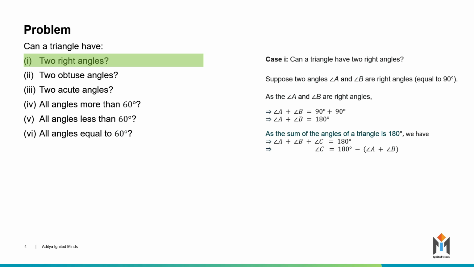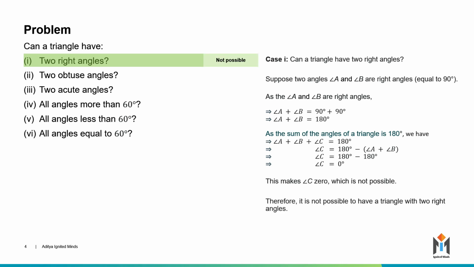Now that we know that the sum of angle A and angle B is 180 degrees, let us substitute that in this equation. And what do you get for the value of angle C? Well, we get angle C as 0. This is not a valid case for a triangle. Therefore, it is not possible to have a triangle with two right angles. So this case is not possible.